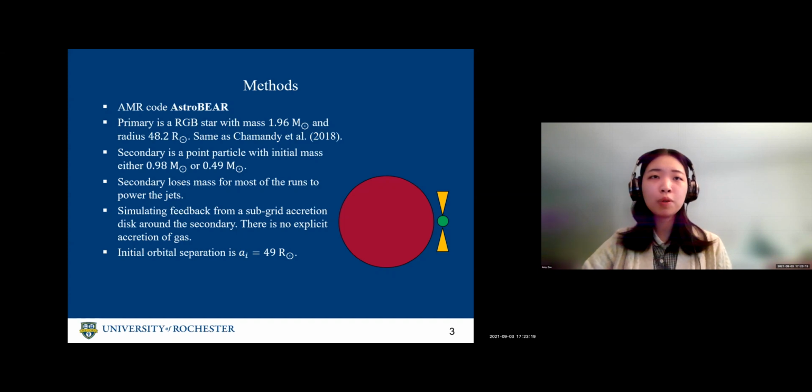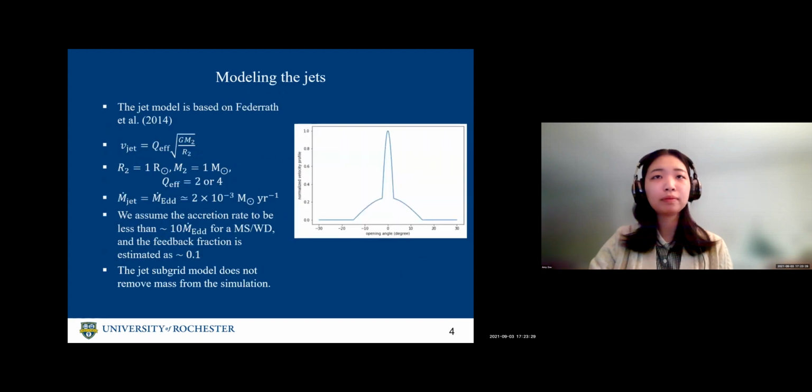The initial orbital separation is about 49 solar radii, slightly above the radius of the RGB primary star. And the jet model is primarily based on the work by Federrath et al.